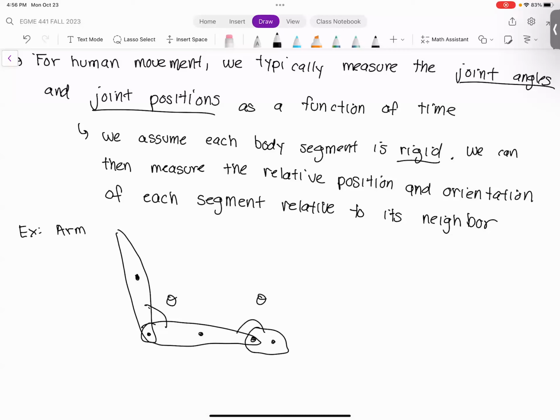Okay. And so I drew a fairly simple case here in 2 dimensions, but in reality, depending on how much flexibility you have in the joint, sometimes you need multiple angles or multiple degrees of freedom to fully describe the relative positions.